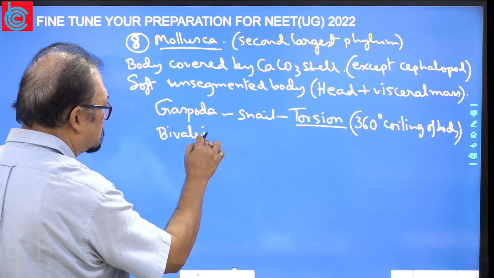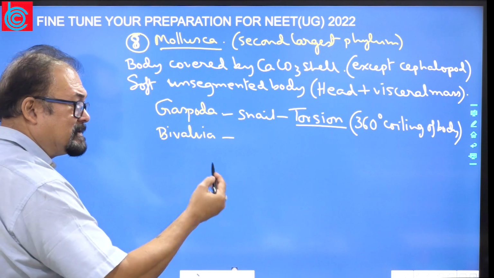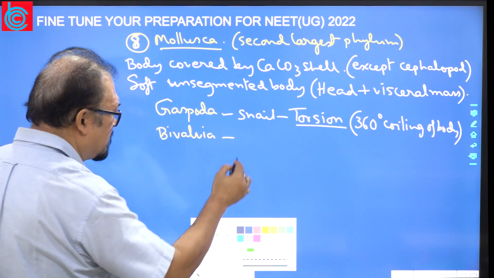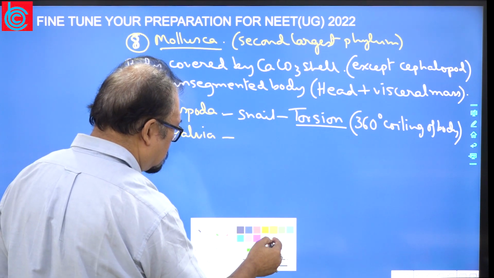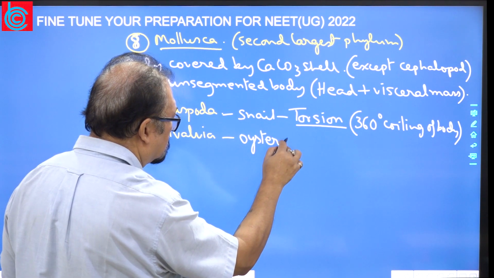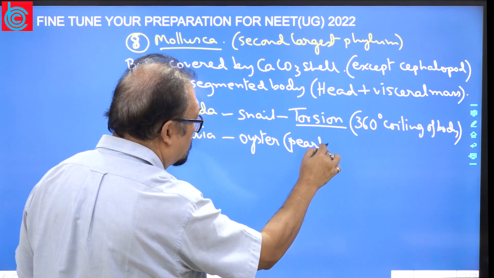Bivalvia. Where two shells are there, bi means two, so they are called bivalvia. Example, oyster, pearl oyster.